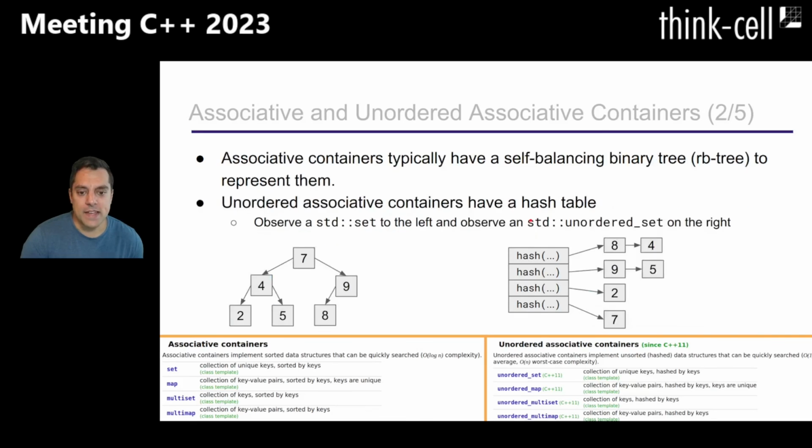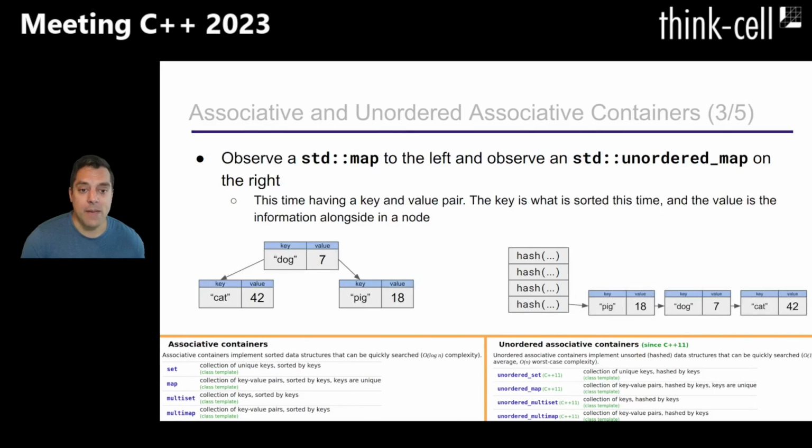Now, that's the idea with a set. We just have the keys directly. But oftentimes, we might want the keys to have some associated value. And that's what a map does. Again, think about a phone book, for instance. You could think about it either way: usually their name is the key, and then the value would be their phone number, or you could have it the other way around, because the phone numbers might be unique, and then get that person's name.